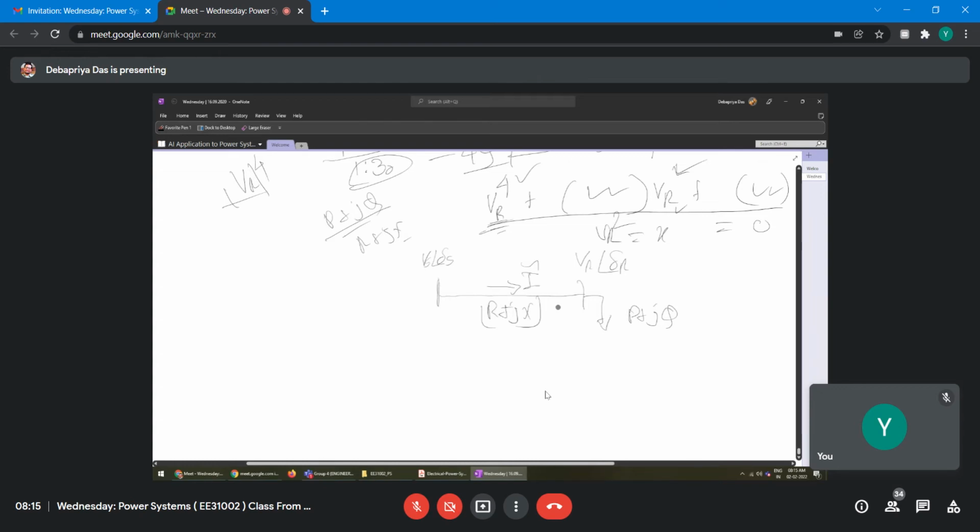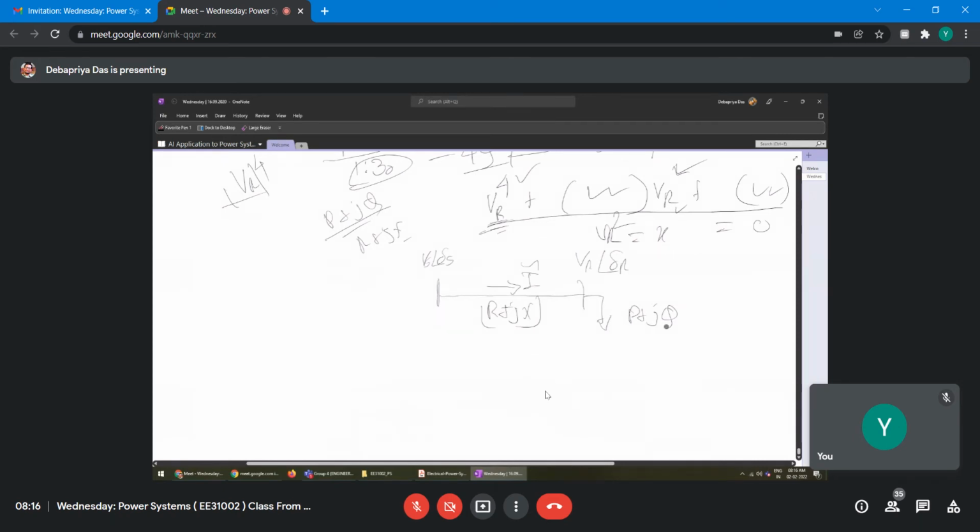Another thing is that whenever it is on a single phase basis, if you compute the loss, multiply by 3 and you will get the total loss for a balanced system. For an unbalanced system, you have to consider all three phases, and adding I square R for three phases is not the exact loss because of the mutual coupling between the phases as well as between the phase and neutral. That is beyond the scope, but at the end I'll tell you a little bit.